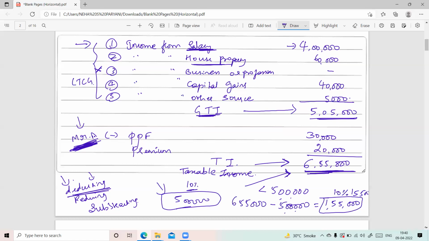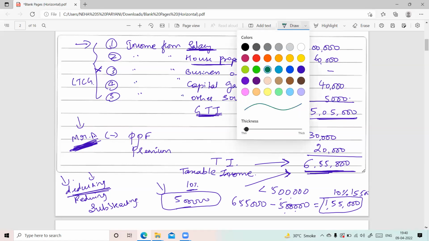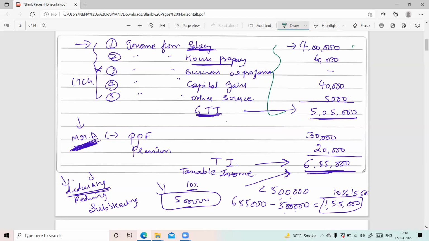So gross total income means the income of all the five heads. The aggregate of all the five heads' income is gross total income. Out of gross total income, if we remove deductions, then the income that we get is total income, or we can also call it taxable income.